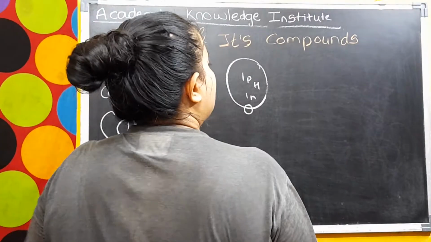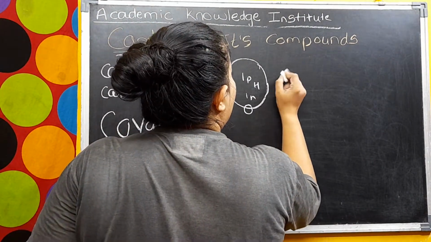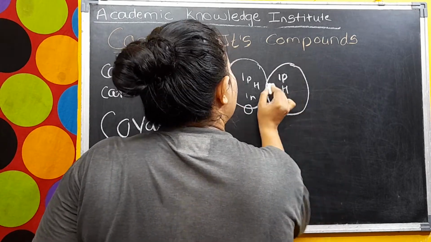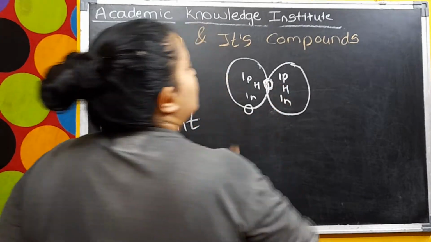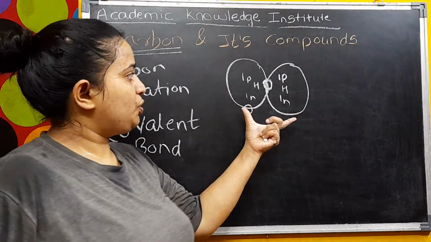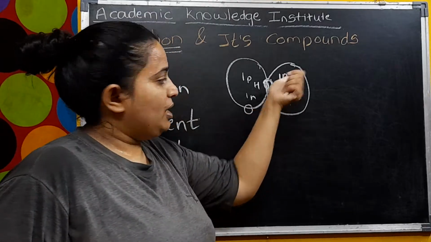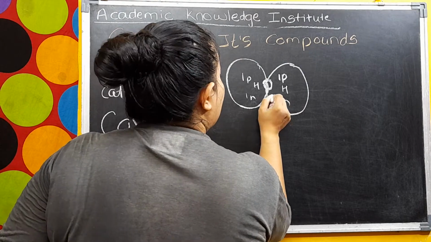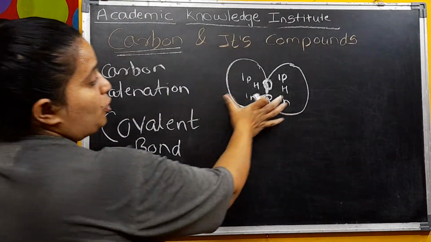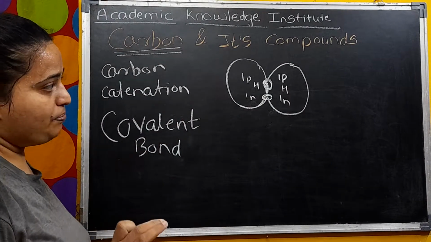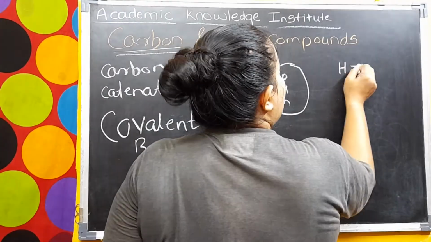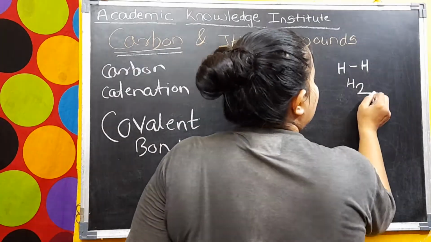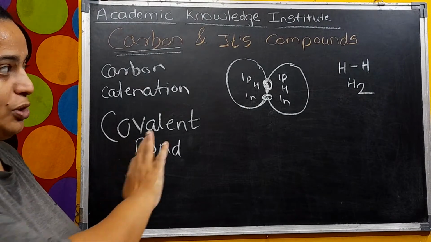I can write it like this also: 1 proton, 1 neutron, and the hydrogens share the electrons. This electron will now reach this side and they will share the electrons. So both hydrogens fulfill their duet, right? That means this hydrogen will have 1 bond with the other hydrogen. That's why we always write hydrogen in this form. Understood, student, this much?